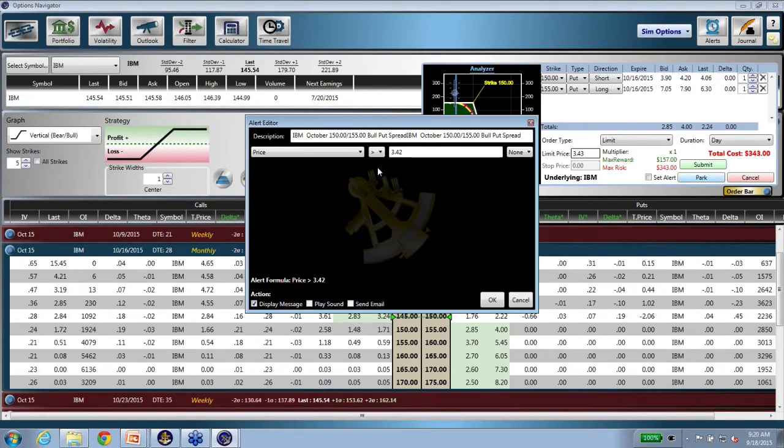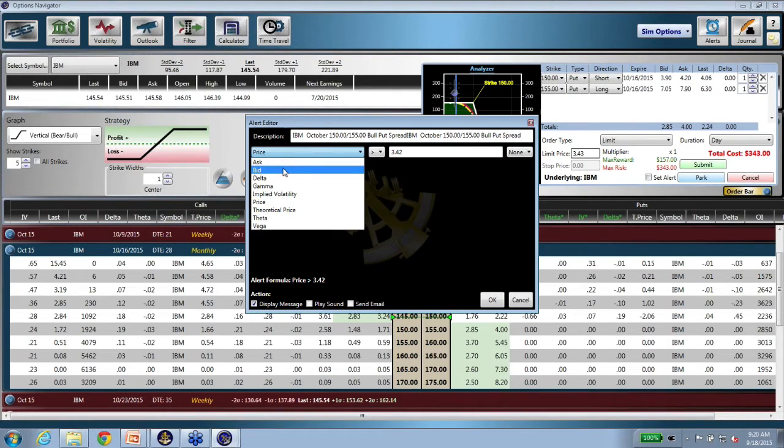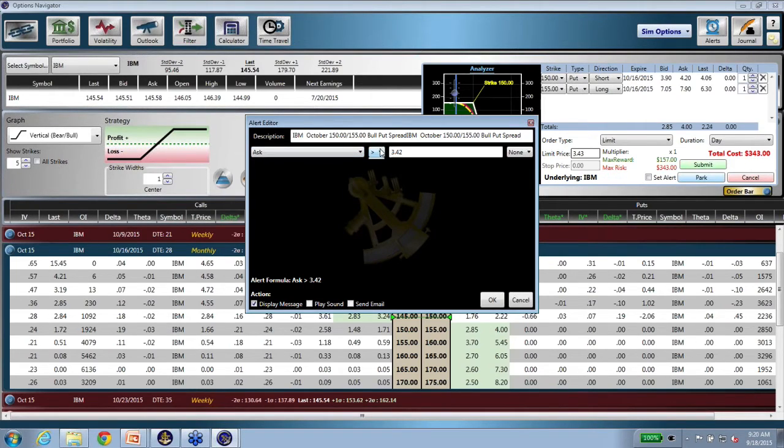Okay, so here we have the IBM spread, and I can set it up to say, when the price gets to whatever, or maybe I'm looking to see when the asking price happens to be less than a certain price, because right now it's set at 4. Maybe I want that asking price to be closer to the middle of those two.